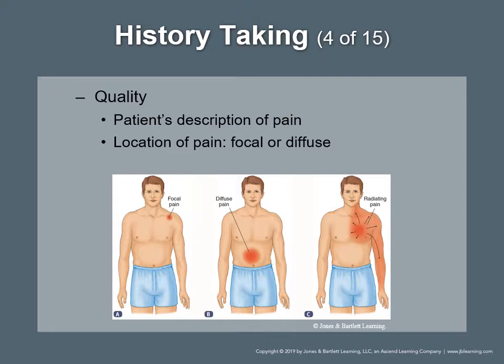Okay, the next letter in the OPQRSTU mnemonic is quality. Now, this is the description from the patient of whatever is going on. So try really hard to not lead them with your question, like, is this a sharp pain? So just ask, what does the pain feel like?